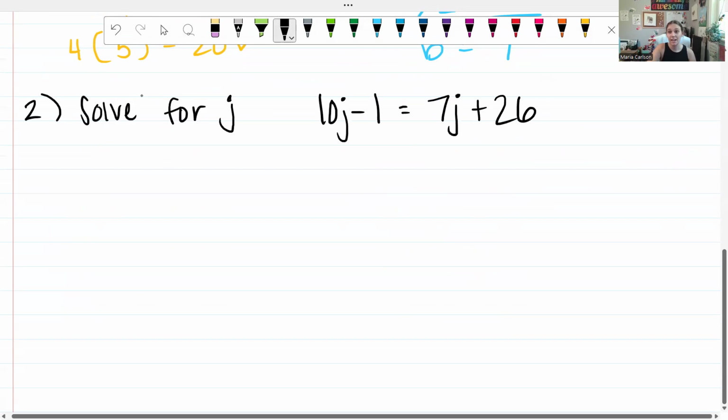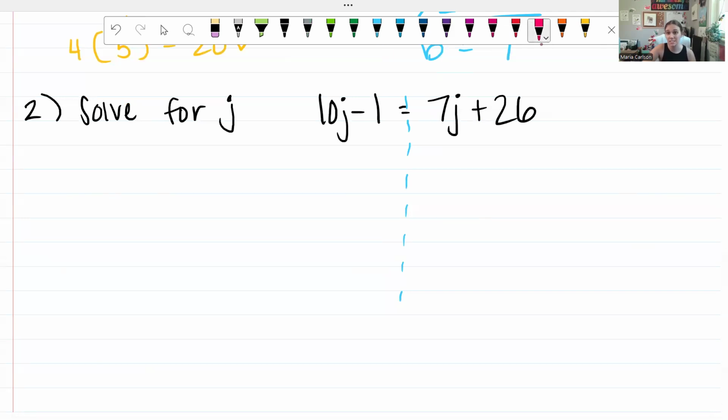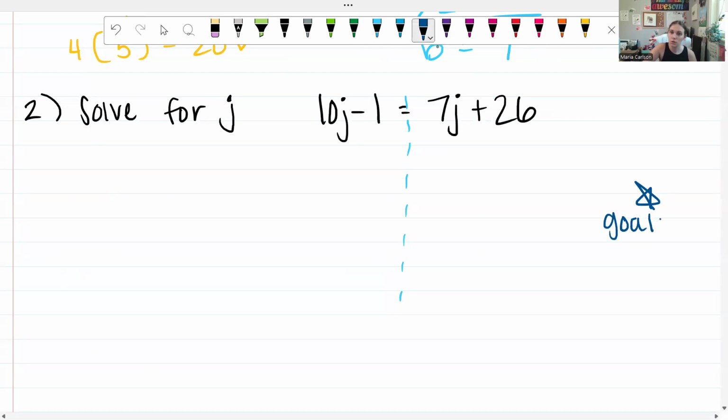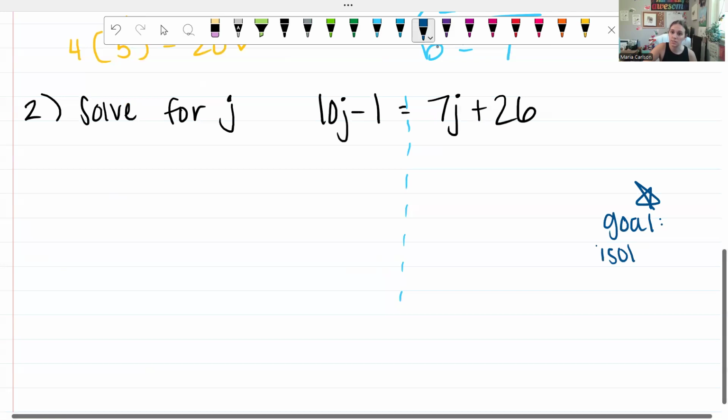Looking at this equation, I see variables on both sides of my equal sign. And if our goal is to isolate the variable, it has to be on one side. So goal is to isolate variable on one side. Our variable is j.